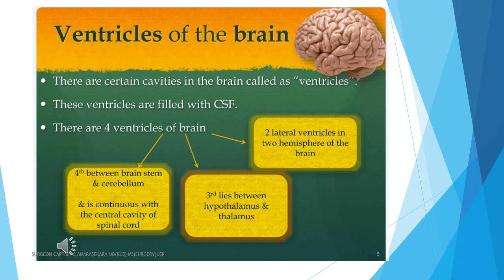These ventricles are filled with cerebrospinal fluid produced by the choroid plexus. So the CSF serves multiple functions. It cushions the brain, protecting it from trauma. It maintains intracranial pressure. It removes metabolic waste. It contributes nutrients and hormones.